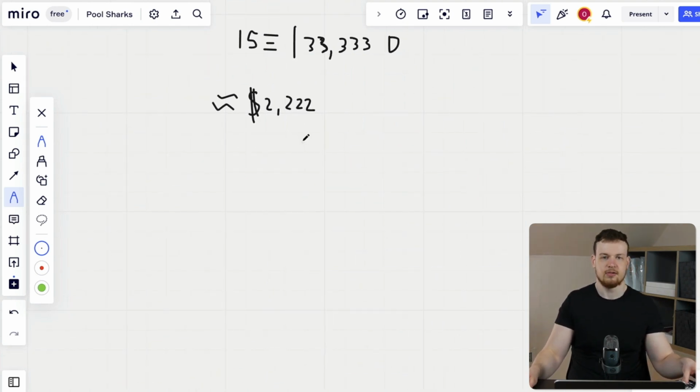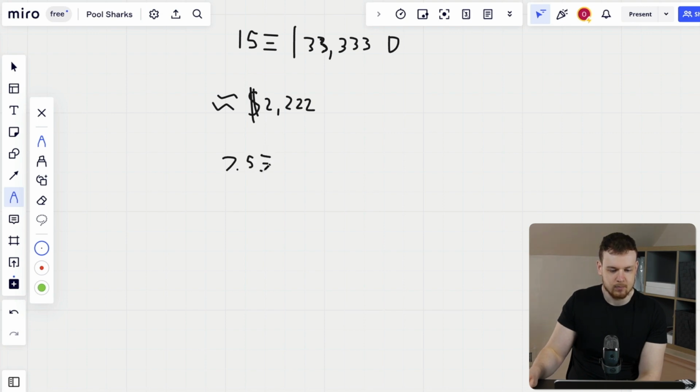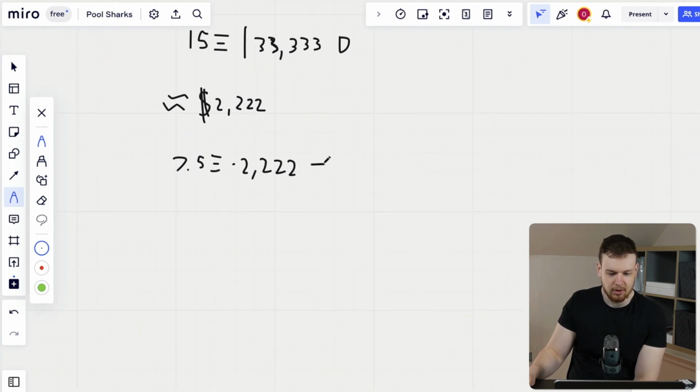And so this means that if I now take my 5 LP tokens, my 50% ownership of the token X and token Y deposited into this pool, I will end up with 7.5 Ethereum, which is now worth 2,222 DAI each, plus I'll get half of this 33,000 DAI in here. This is going to be 16,666 or so. We'll just call it roughly that.